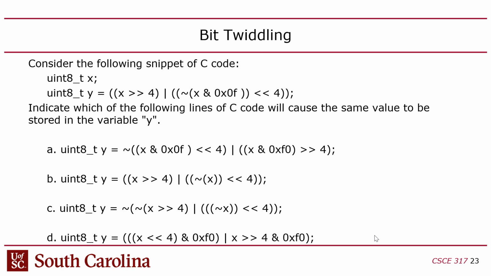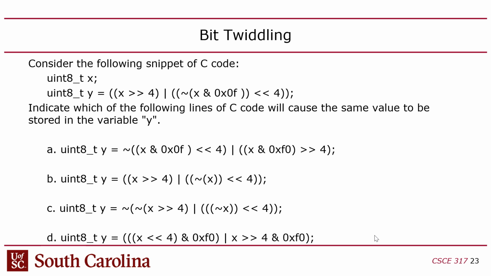So basically I'm taking the upper half and putting it in the lower half. And then I'm going to isolate the lower half, invert all those bits, put it in the upper half, and then merge everything together. Does that make sense?